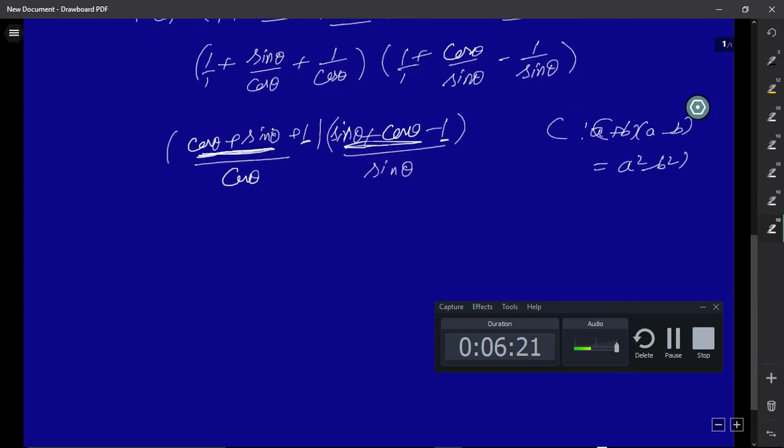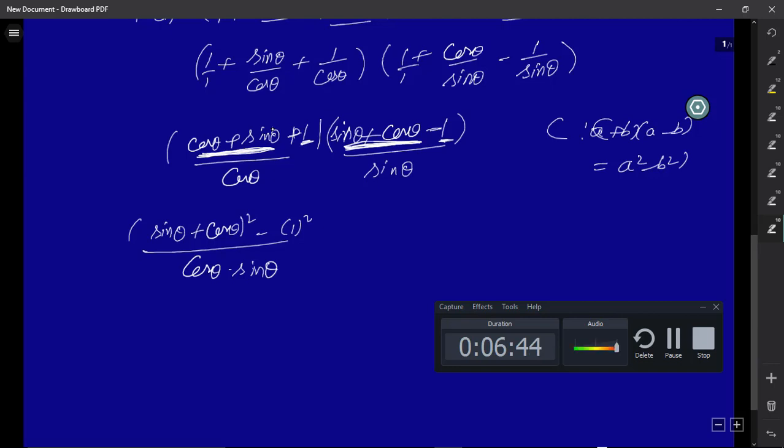So this is a plus b, this is a minus b, so a plus b into a minus b should be a square minus b square. The cos theta into sin theta I am writing as it is.